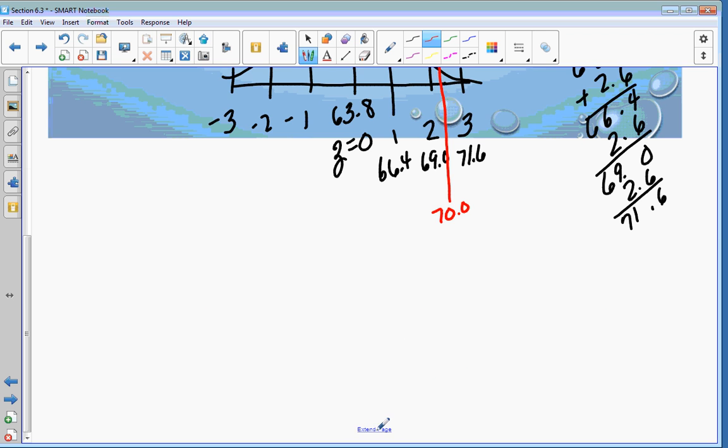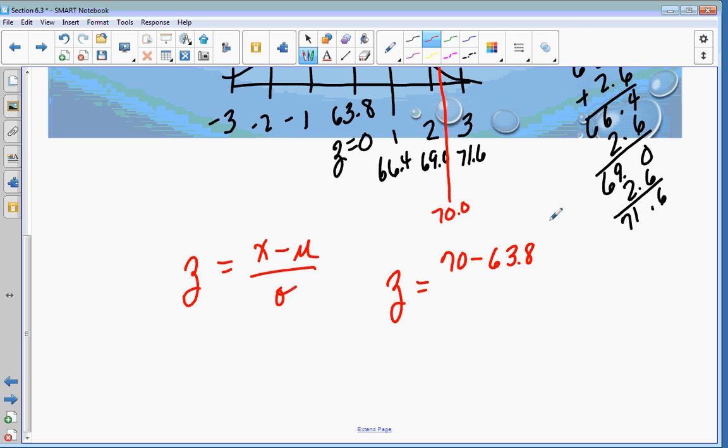That formula says z is equal to my data point minus mu, divided by the standard deviation. So z is equal to 70, my data point, minus mu, 63.8, divided by my standard deviation, 2.6.